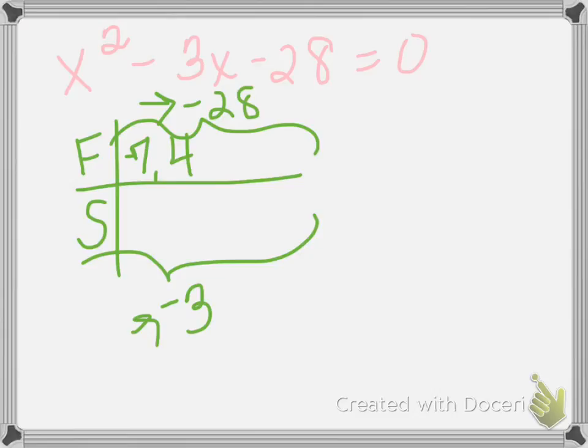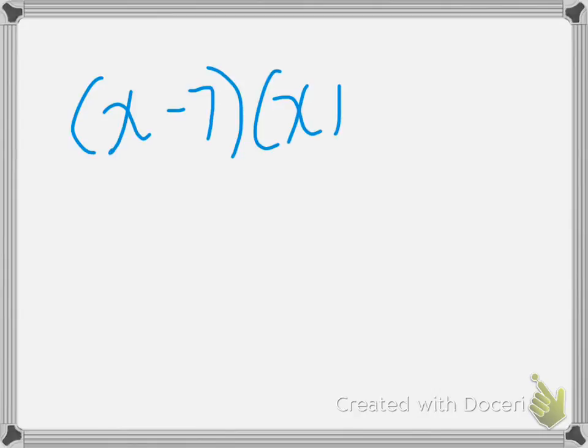So that means the larger of the two values needs to be the negative number, so that my answer is negative 3. So I now have my factors in order to factor this out. So this polynomial is going to equal x minus 7, x plus 4 equals 0.